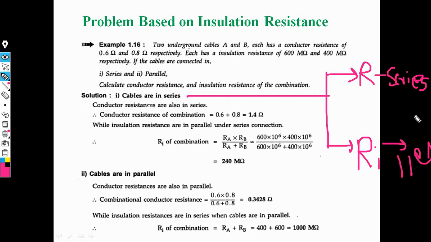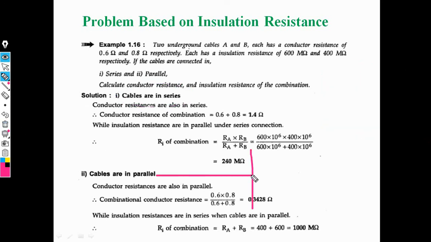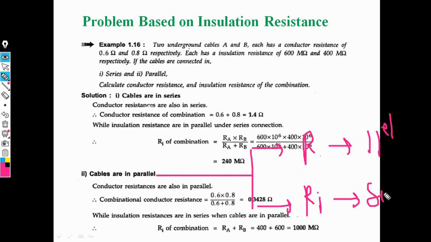When cables are connected in parallel, the conductor resistances are in parallel but the insulation resistances are in series. This is the difference between two underground cables connected in series and connected in parallel.